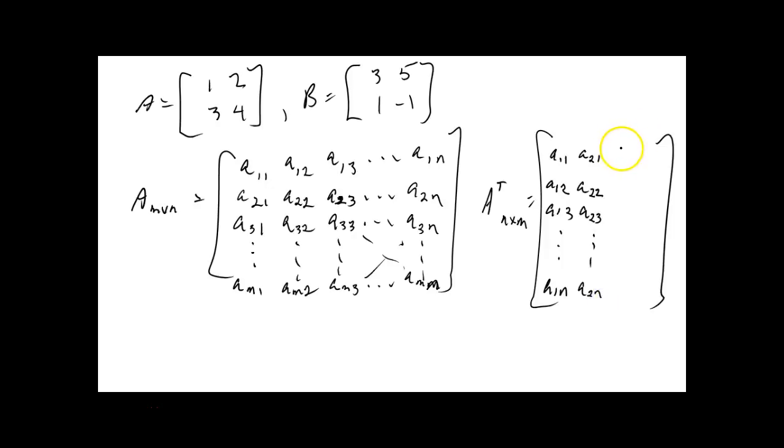Next, A31, A32, A33, dot, dot, dot, A3N. Then the last entry on the first row: A M1, A M2, A M3, dot, dot, dot, down to A M N.